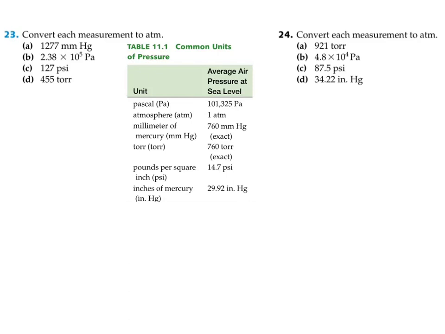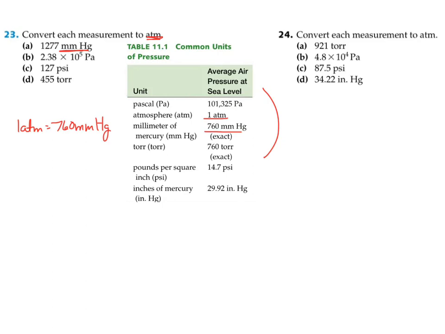For this one, we need to go from millimeters of mercury to atmospheres. Using this table, you find that 1 atmosphere is exactly equal to 760 millimeters of mercury. So 1 atm is equal to 760 mmHg.